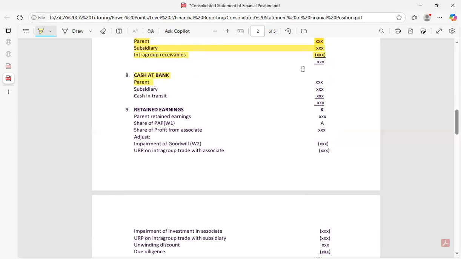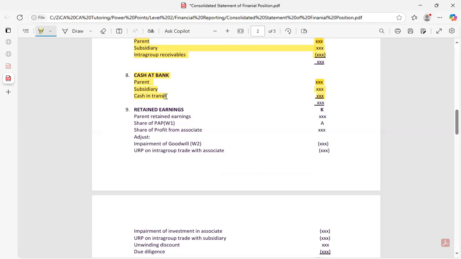And then cash at bank also is simple. You just get for the parent, right? You also get for the subsidiary, and then you add cash in transit. So what does cash in transit mean? At the point of consolidating, at the end of the financial year, maybe a proportion of the payables that the subsidiary owed, the money has been transferred, but it has not reflected in the bank, right?